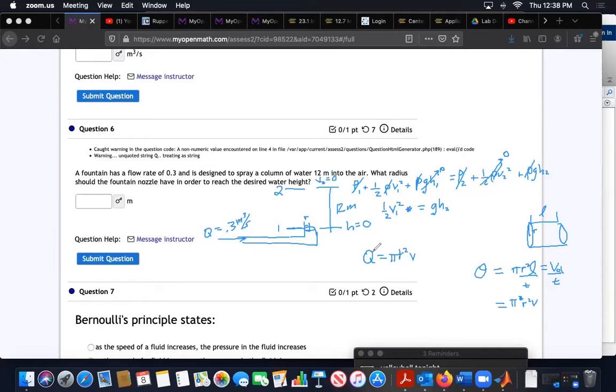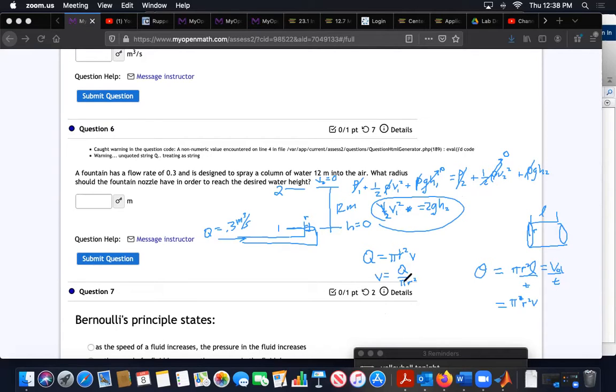So we can actually solve this for velocity. That means velocity equals Q over pi R squared. Then we replace that in this equation here. I'm going to multiply both sides by 2 just to simplify my life a little bit.